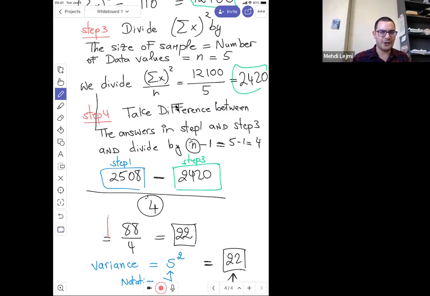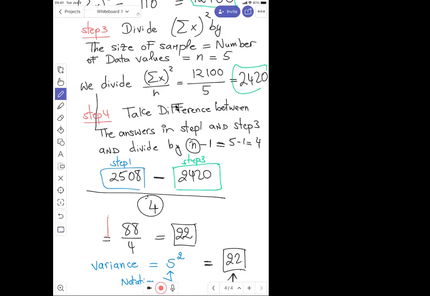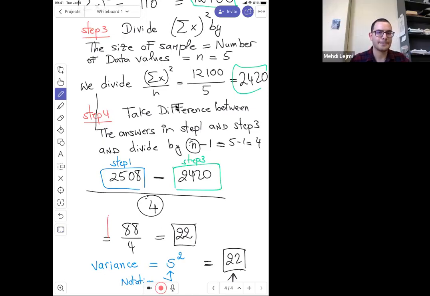You have 5 numbers, right? So in step 4, you divide by your size of the sample minus 1. So you take the difference between the first step and step 3, and you divide by the size of the sample minus 1. Okay.